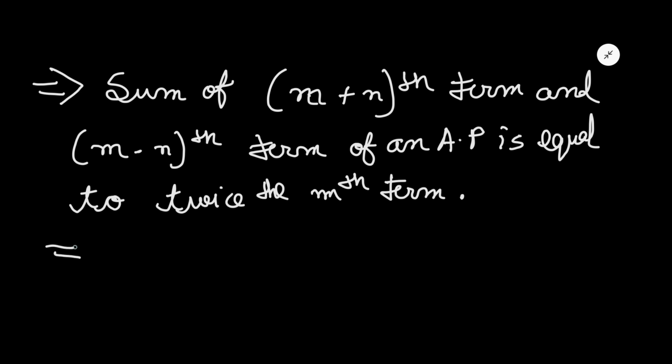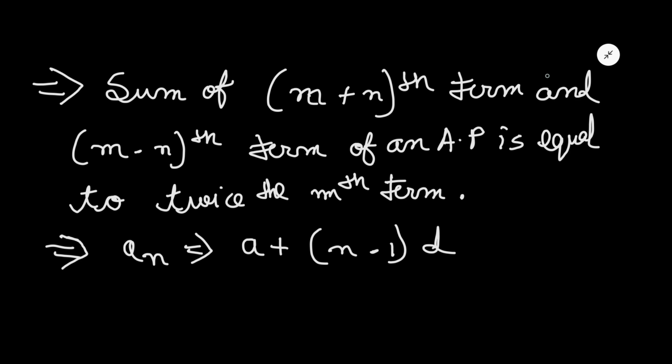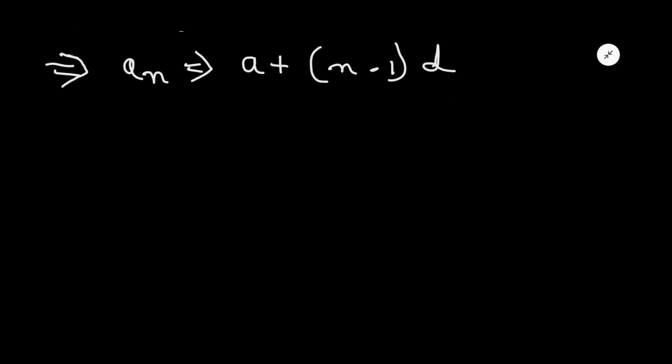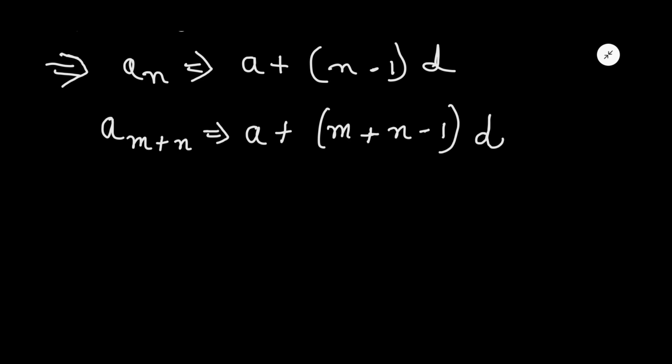The solution of this problem is, as we know, the formula for the nth term is equal to a plus n minus 1 d. So for the m plus nth term, it will be a plus m plus n minus 1 into d.